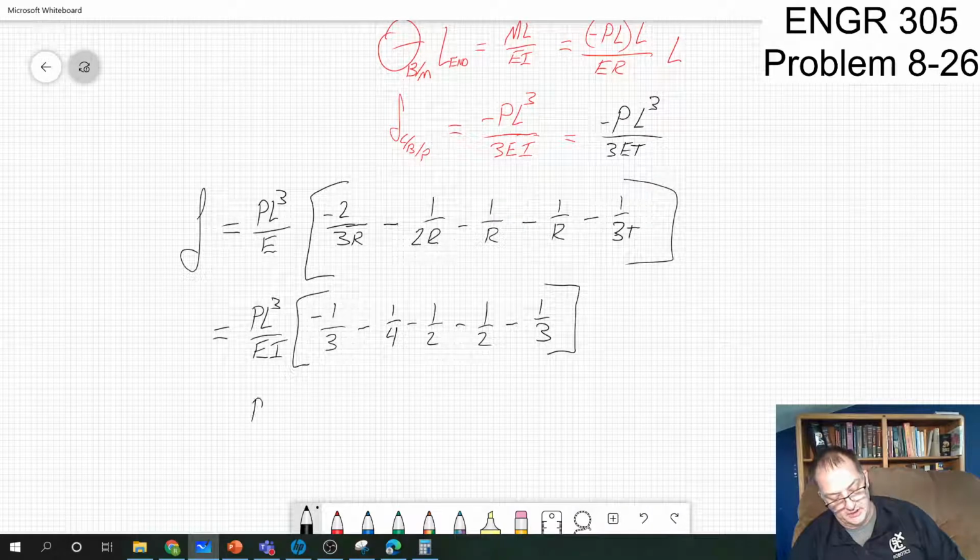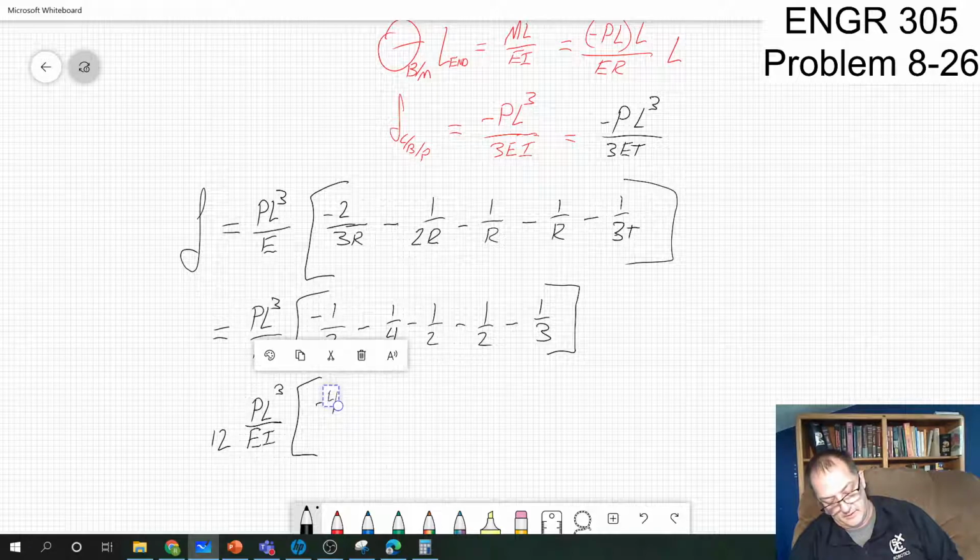Which is PL cubed over 3E. Sorry, it's not 3. That's my cantilever beam formula that I love so much. Over EI times 12. So minus 4. I'm even going to put my 12 out here.